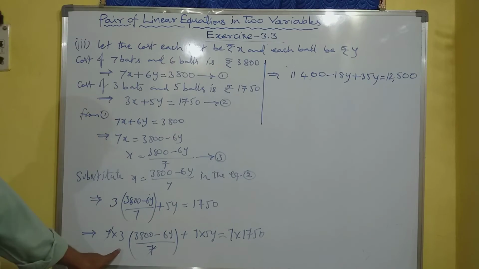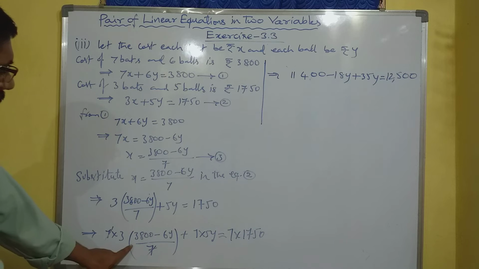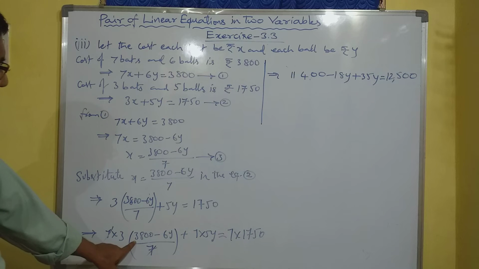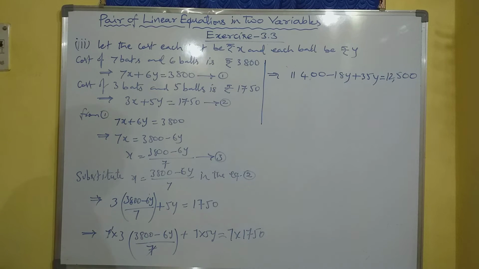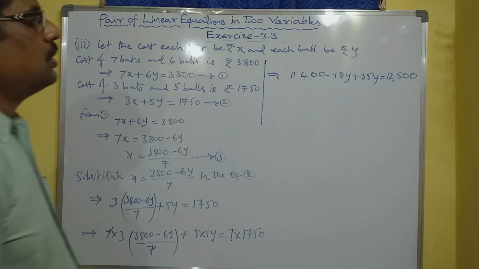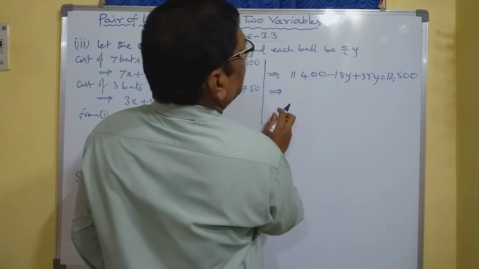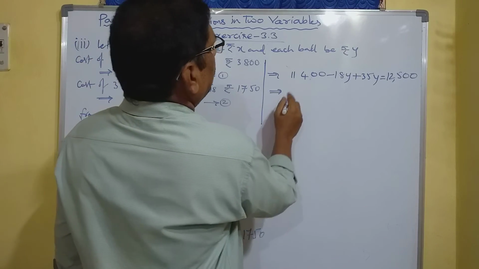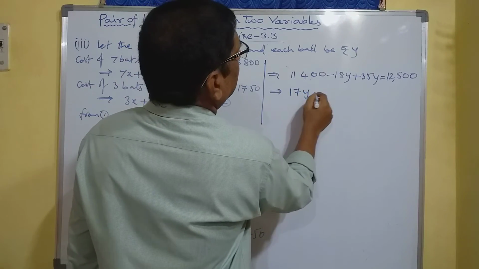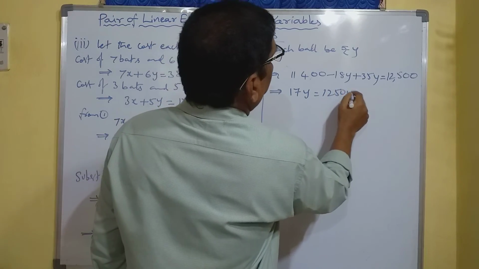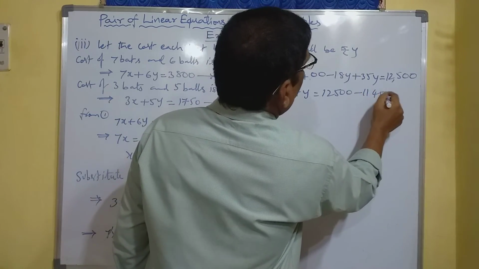Let us check once again. 11,400 minus 18y plus 35y is equal to 12,250. Now look at this: minus 18y plus 35y, we get 17y is equal to 12,250 minus 11,400.